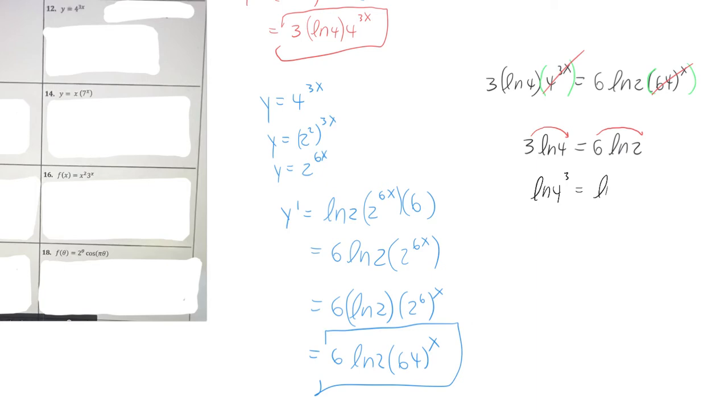And then you're going to have ln of 2 raised to the 6. So now the question is, is 4 to the third the same as 2 to the 6? Well, actually, yes. 4 to the third is 64. And I should wedge this in because this is the real question: 64 equals 64. 2 to the 6th is also 64, so that's how that works. The answers are the same.